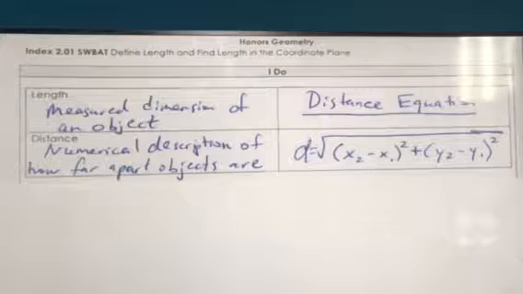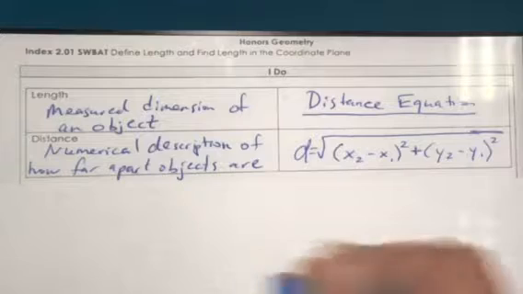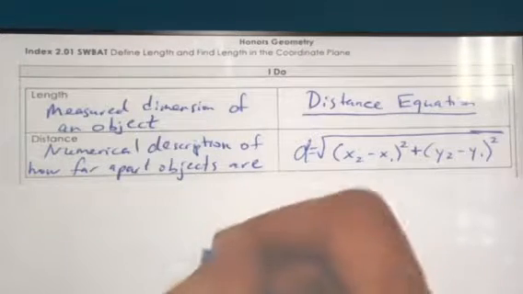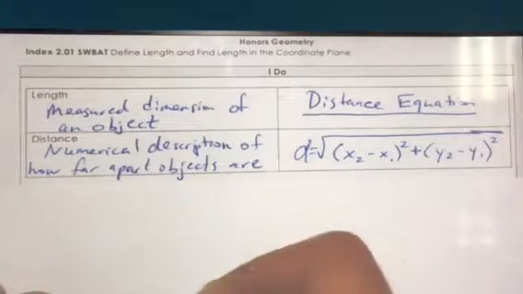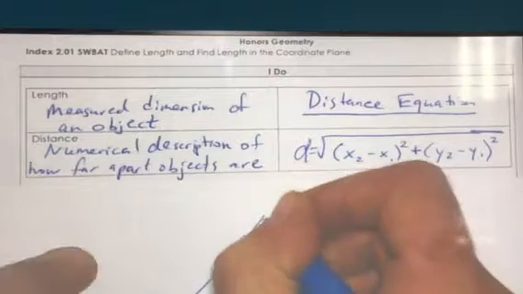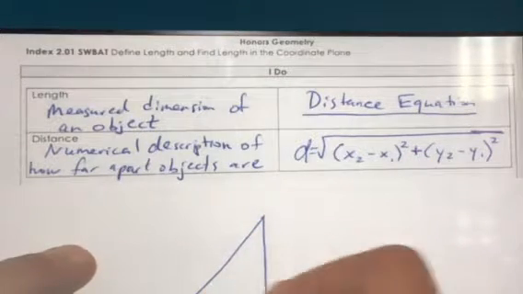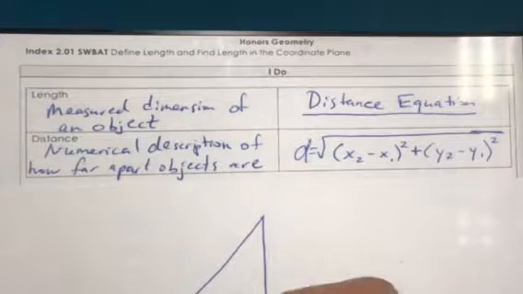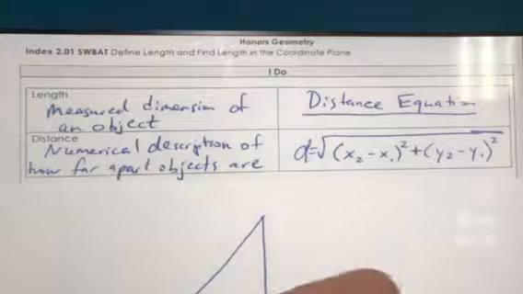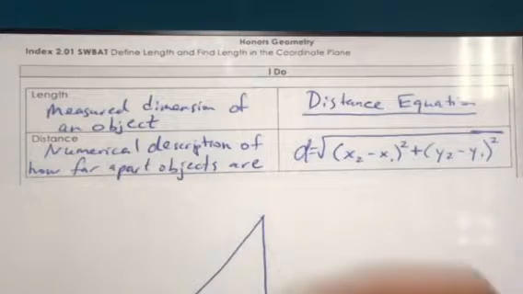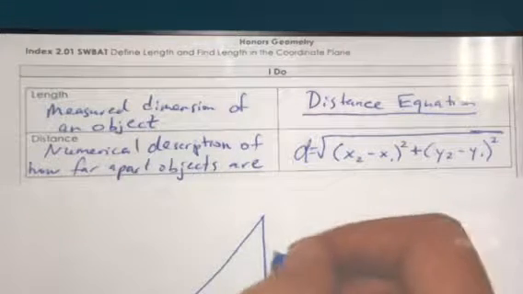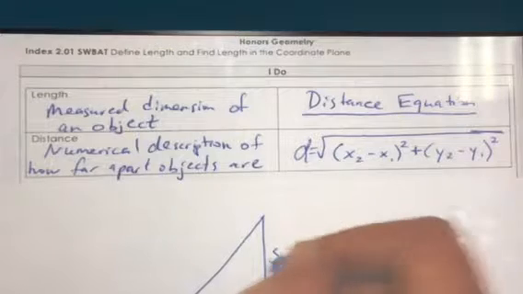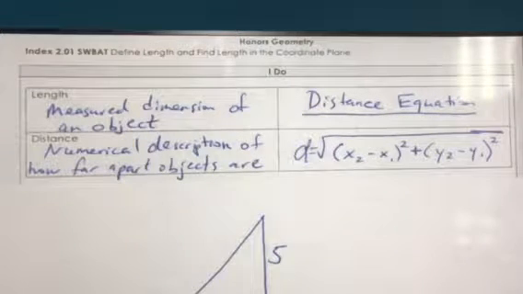So let's show how this works. There's going to be another example problem coming in just a minute. So what you need to know is that when we have a right triangle, and my triangle is not perfect, and let's suppose that this distance is 4 units, and that this distance is 5 units. Now the numbers are not going to come out very nicely here. Just stick with it.